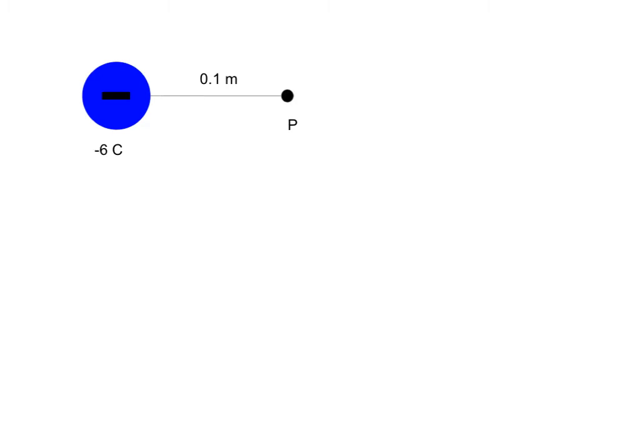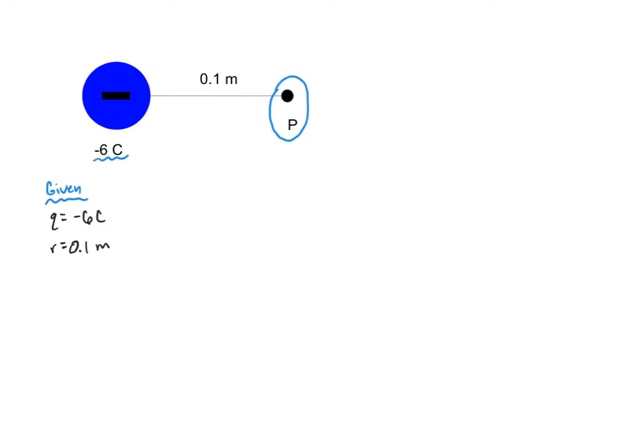In this problem, I'm going to find the electric field at point P due to my negative 6 coulomb charge. I'm going to start by listing out my givens. From this problem, I know that Q is negative 6 coulombs, and I know that R is 0.1 meters.